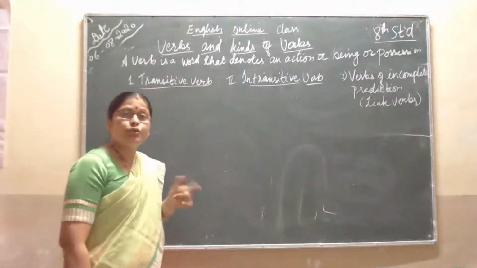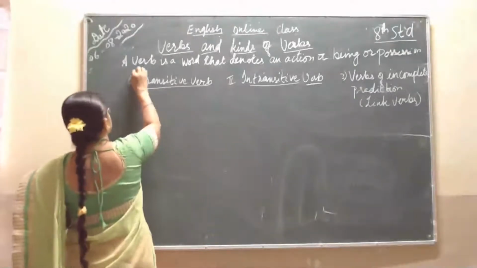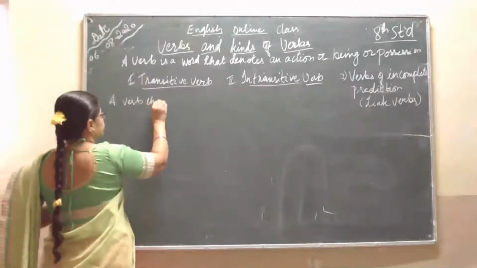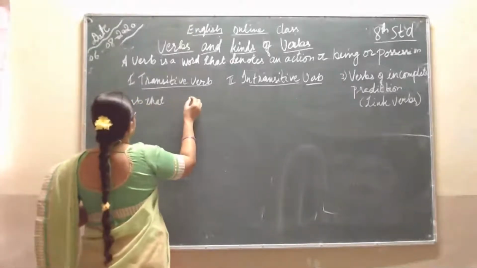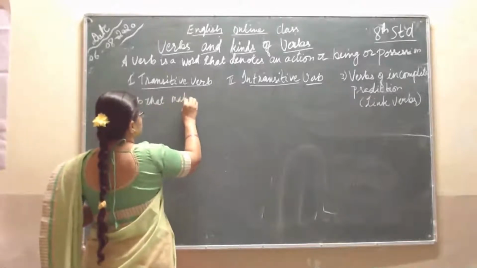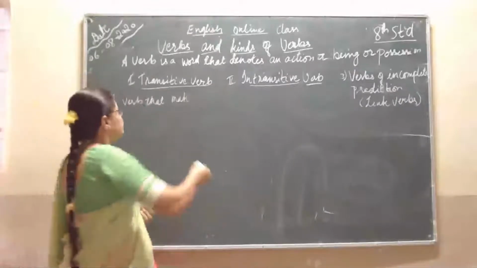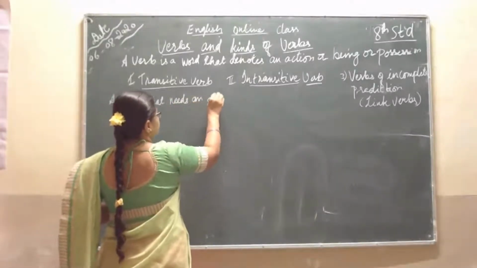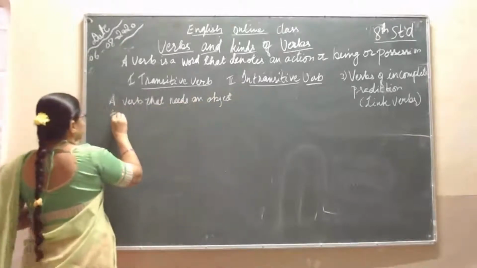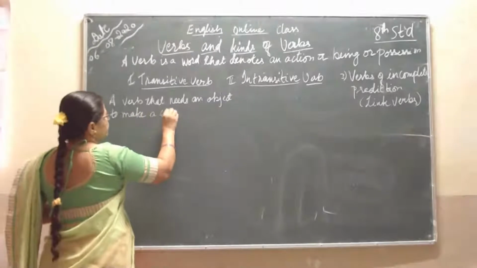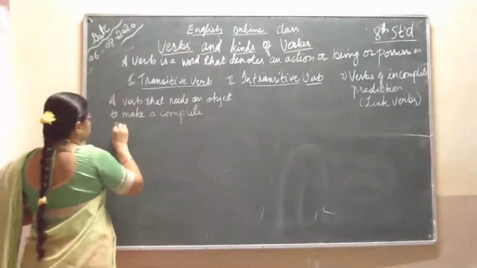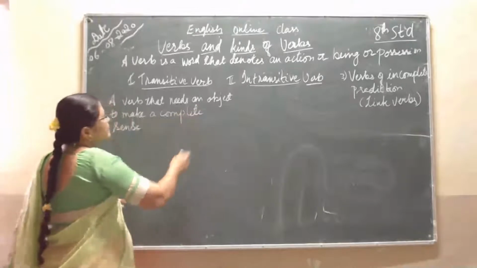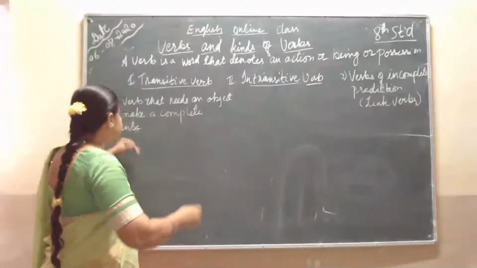What is a transitive verb? A verb that needs an object to make a complete sense by itself.